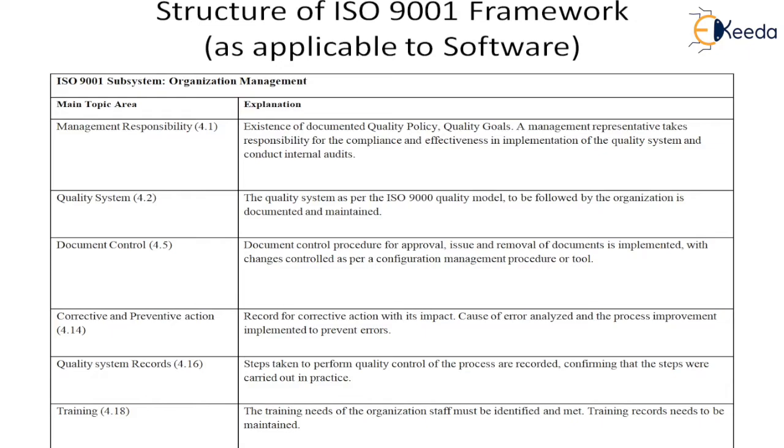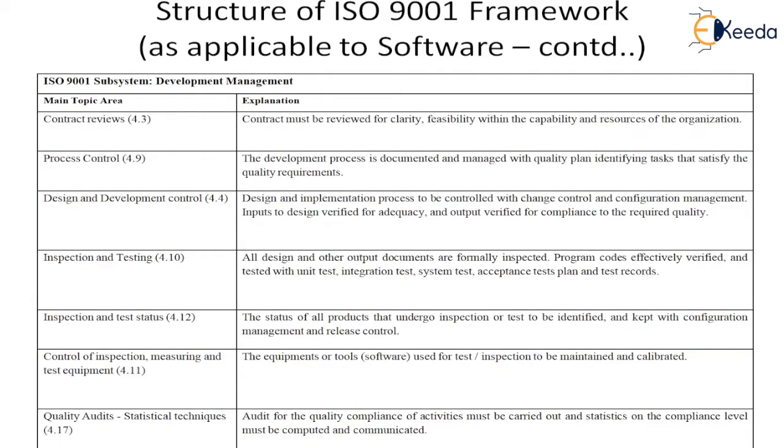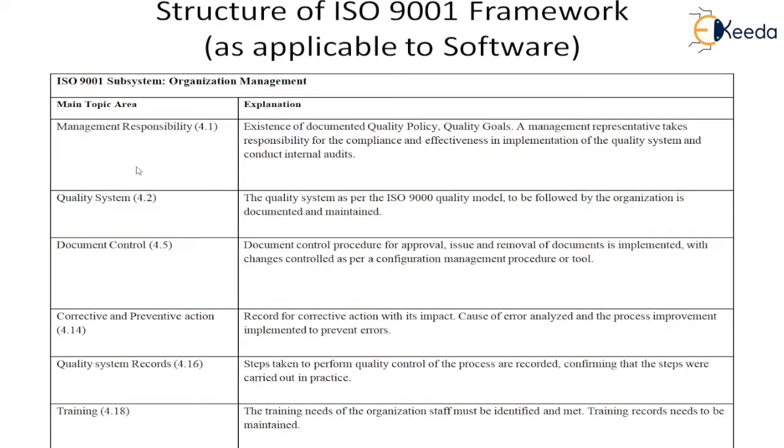So we will go into 3 areas: organization management, product management, and development management. In organization management, it basically comes down to management responsibility, which means commitment from the management for the ISO 9000 type of quality compliance.